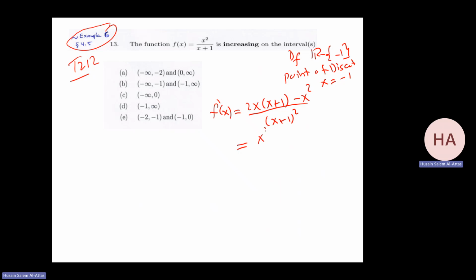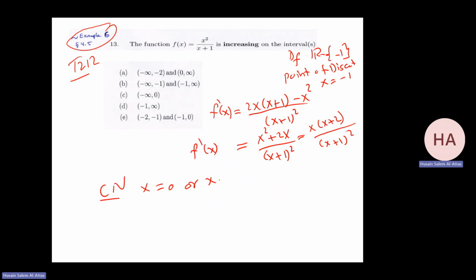So that'll give me x squared plus 2x over x plus 1 squared. That gives me what? x times x plus 2 over x plus 1 squared. This is f prime. Critical numbers: x equals 0 or x equals minus 2.